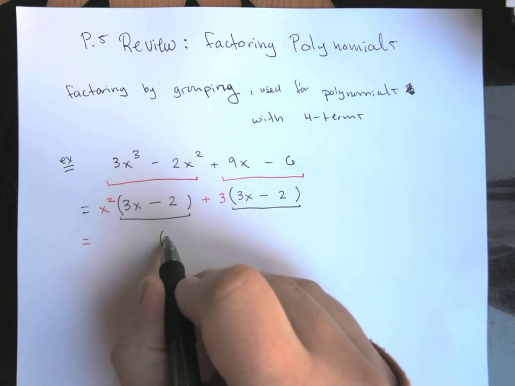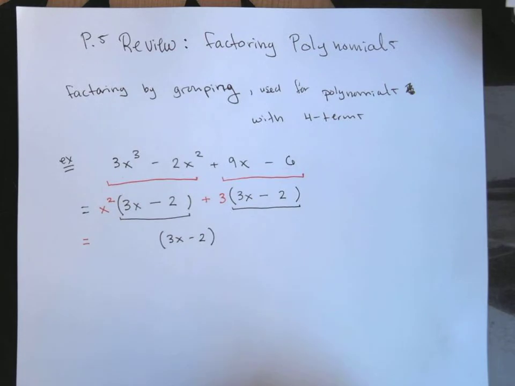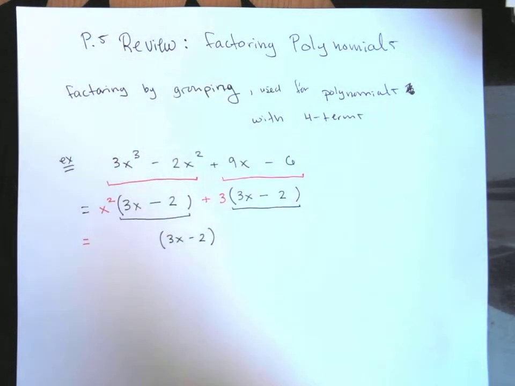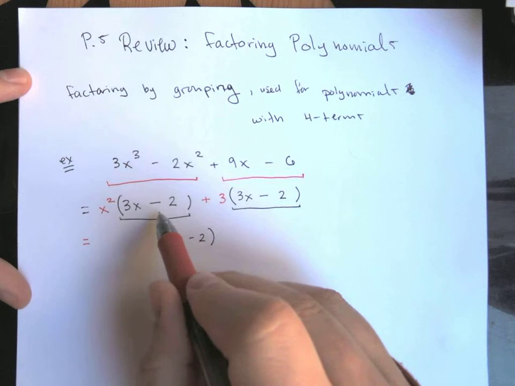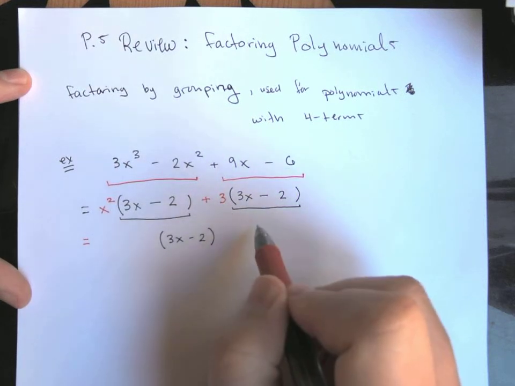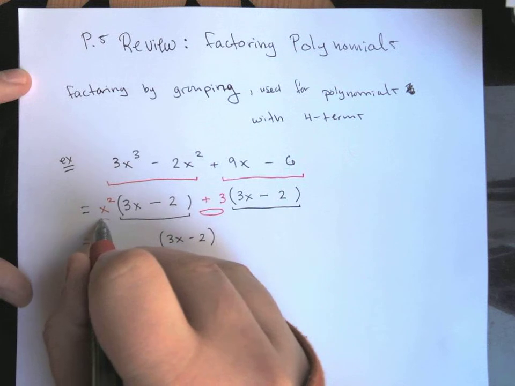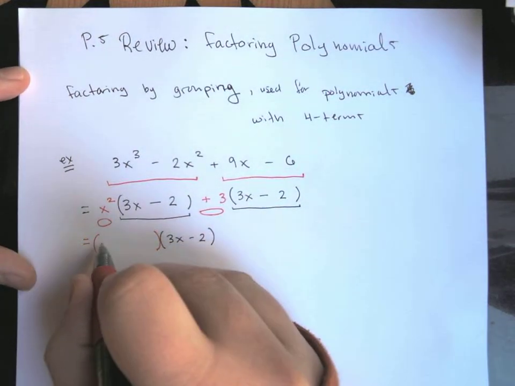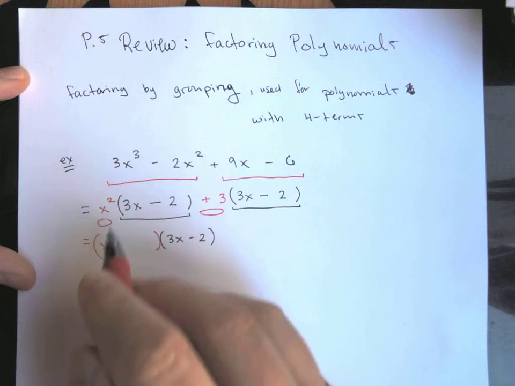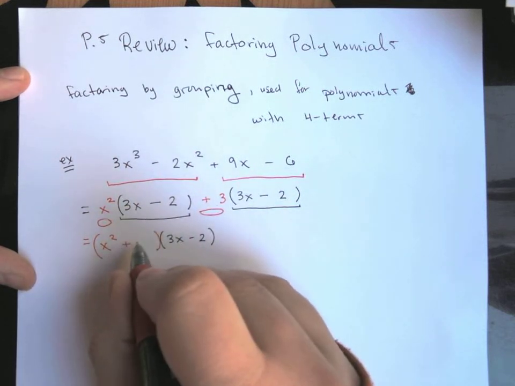So I have 3x minus 2 as something that's common to both of these larger expanded terms. Then if I factor that out to the right, my leftovers are my pieces in red. I can make a new parentheses with my pieces in red. In this case, the x squared, my GCF from the first pair, and then my plus 3, the GCF from the second pair.